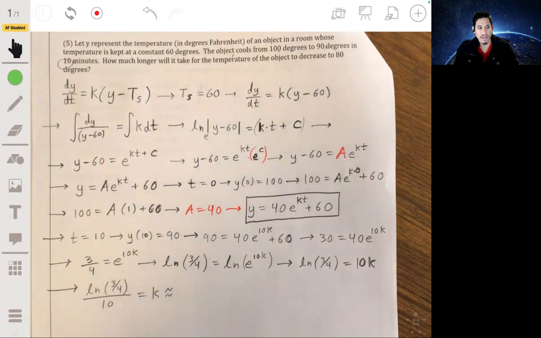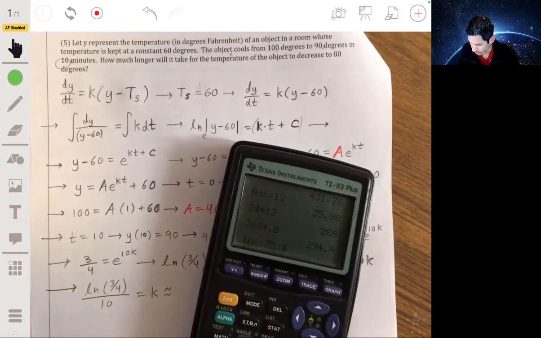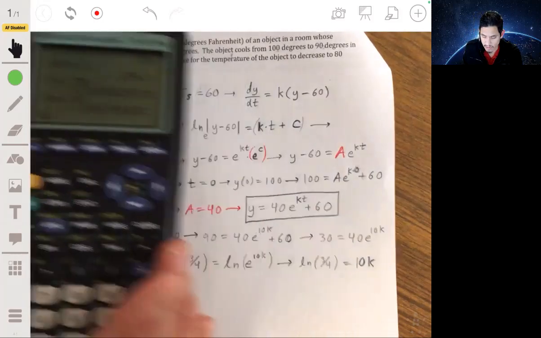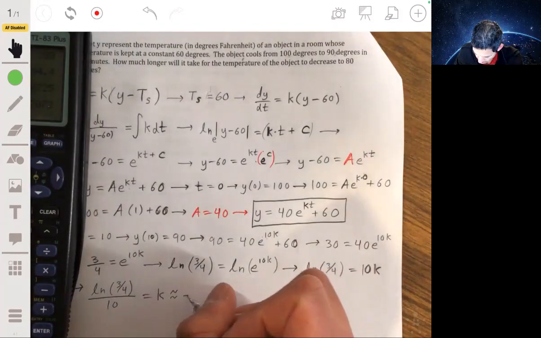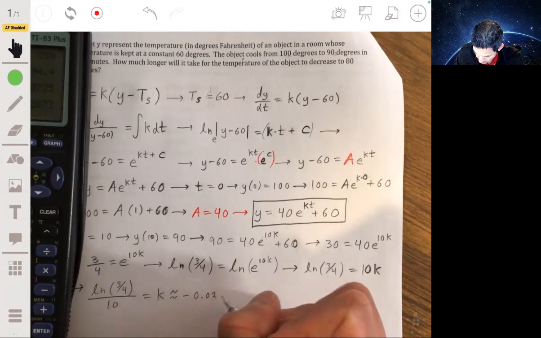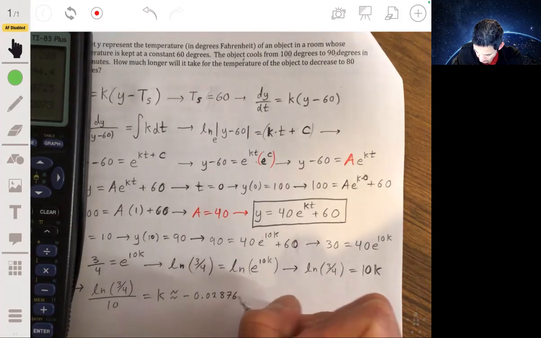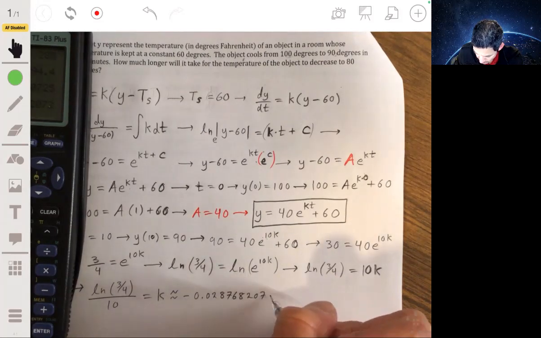And I'm going to use a calculator for that. Natural log of 0.75 divided by 10 will be this decimal: negative 0.0287682072.